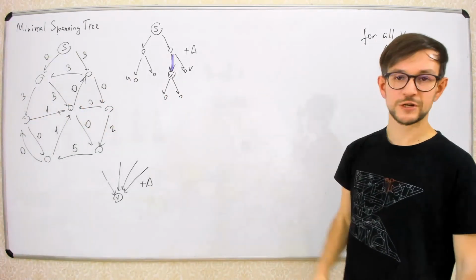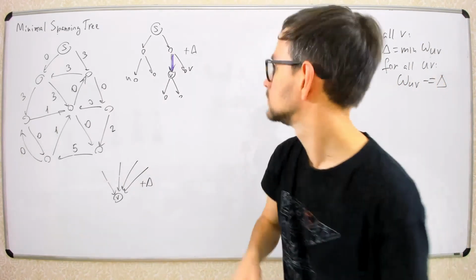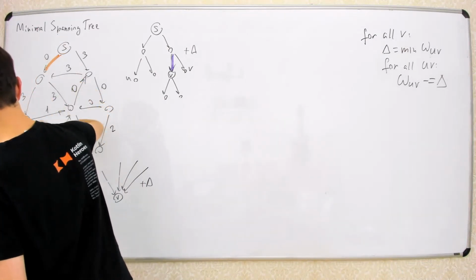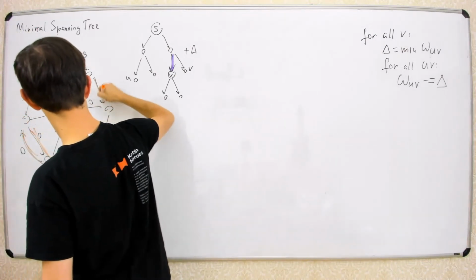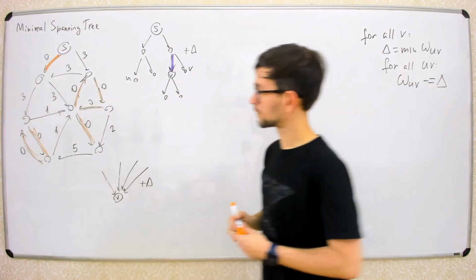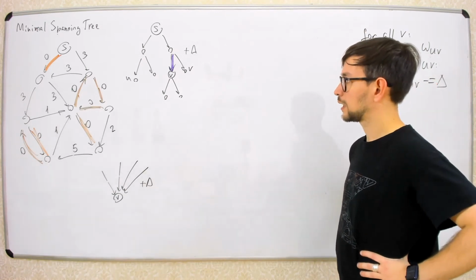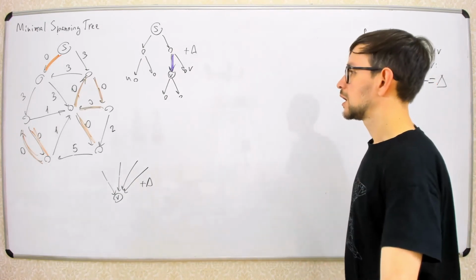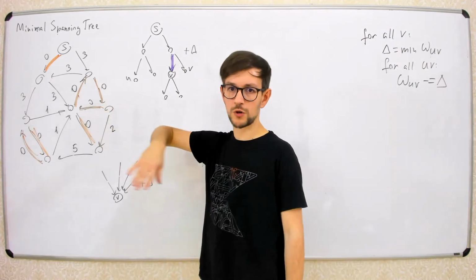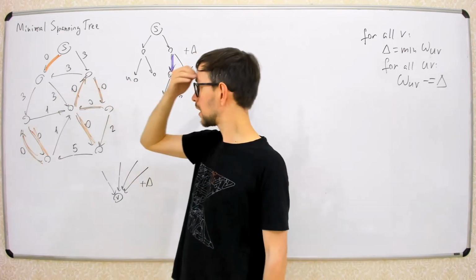Now we have a lot of zeros. Let's mark all the zeros. We have zeros here, zeros here, we have zeros here, and here. So our graph contains a lot of zeros. Case 1. Let's look only at the zeros. So let's remove everything but zeros.